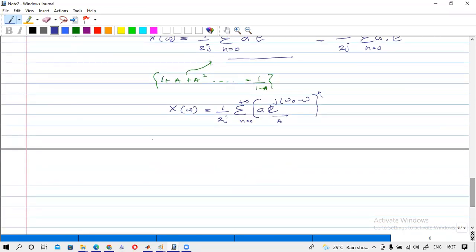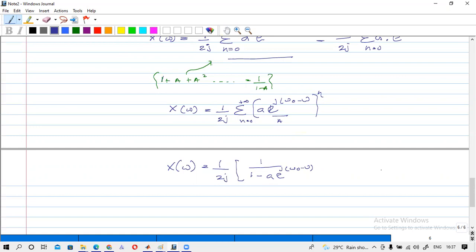And we will have X(omega) equal to 1 by 2j. So 1 divided by, so this will be my a, so it will be 1 minus a e to the power j omega naught omega.